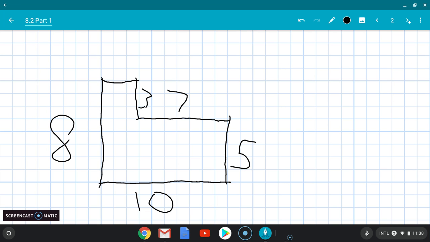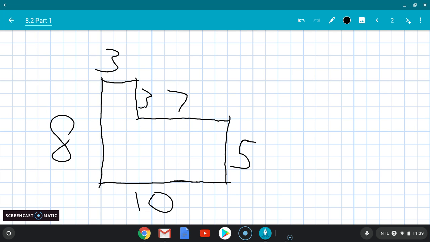I did this on a grid paper background, so you could have counted 1, 2, 3, 4, 5, 6, 7, 8. But if that grid wasn't there, just knowing that this vertical side is 3 and this vertical side is 5, you should be able to figure out that this whole side is 8. And if this side is 7 and this side is 10, we know that this has to be 3. This is a review of stuff from 6th grade, really.